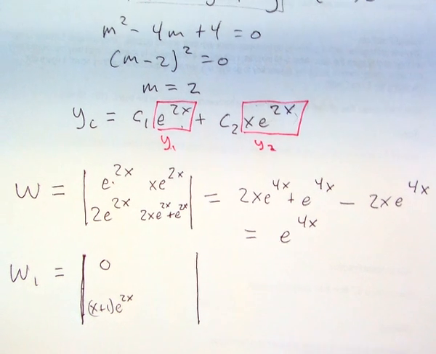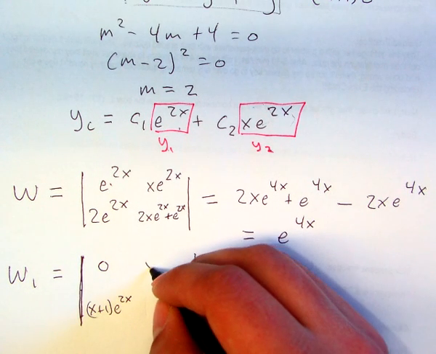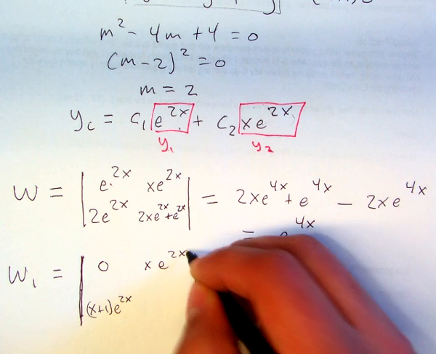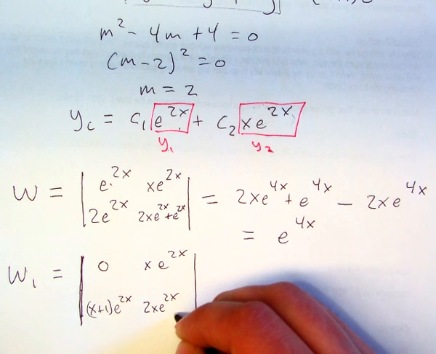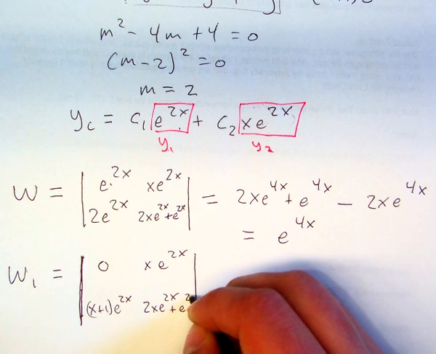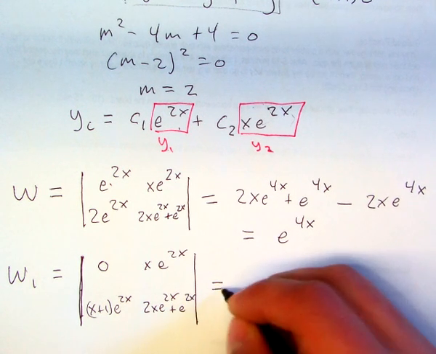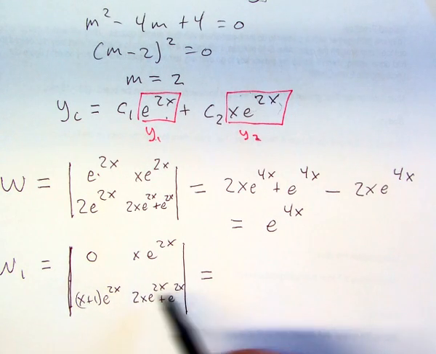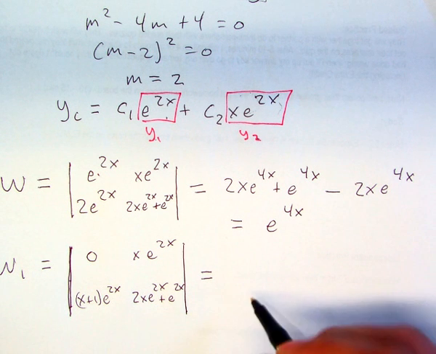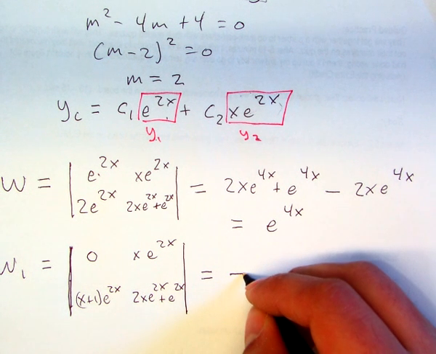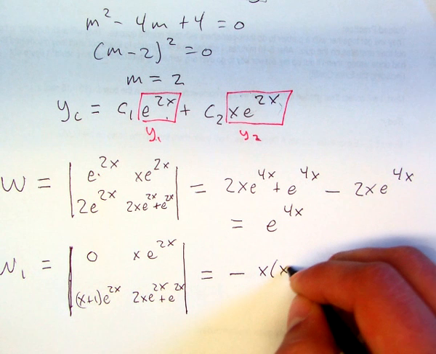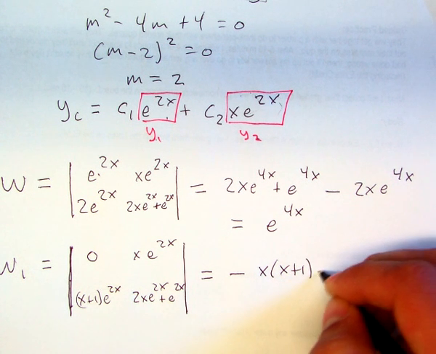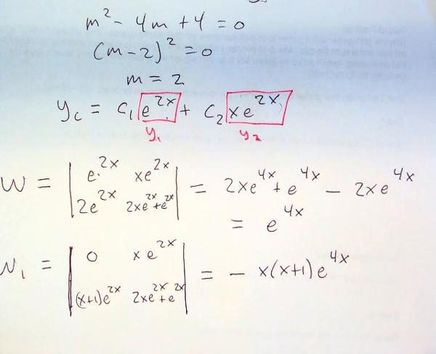And now we leave the second column as it is, x e to the 2x, 2x e to the 2x plus e to the 2x. Multiply that through. First term is 0, and then we subtract the product of x, x plus 1, and e to the 4x. So I'll just leave it like that for now.